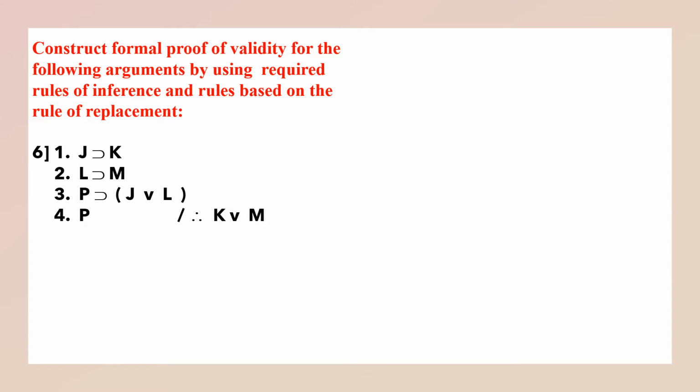K wedge M. K is in the first premise as the consequent and M is in the second premise as the consequent. Both are conditional propositions. We can join them and then we have the antecedent with us, so we can derive the consequent.